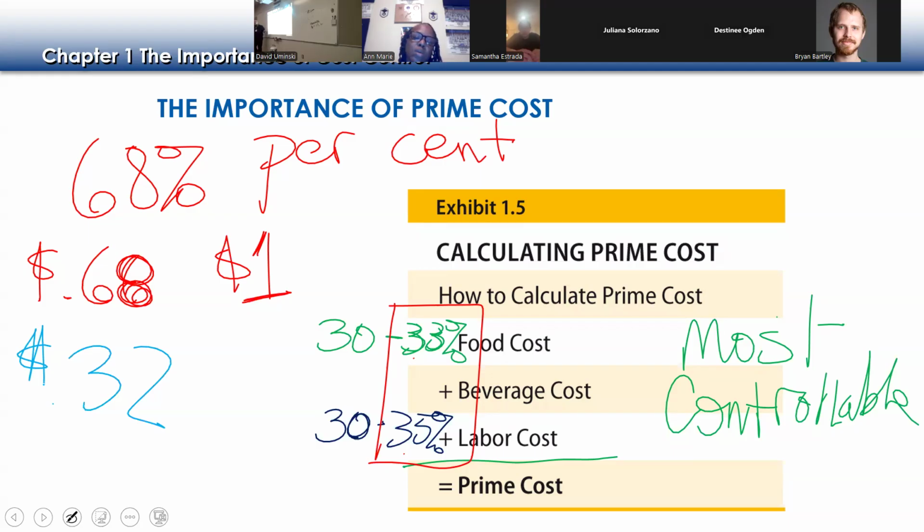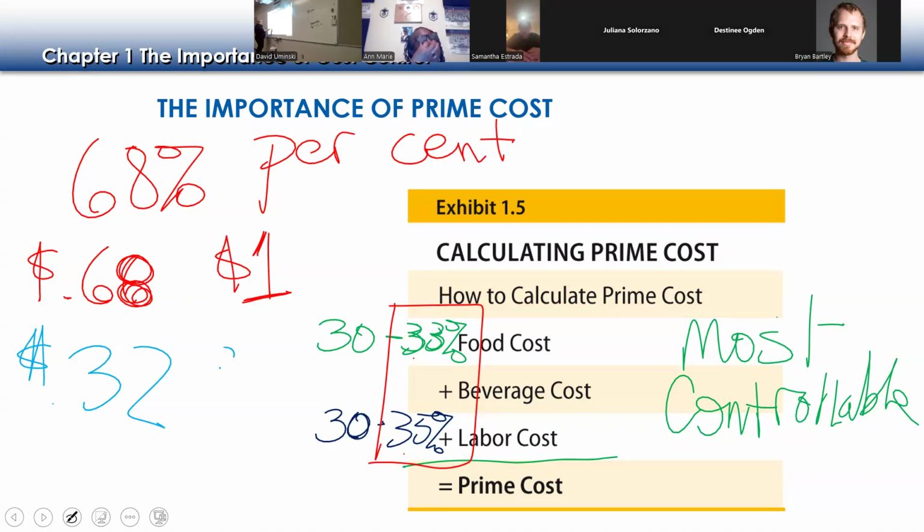So if I can implement some cost savings and bring my food cost down from 33 to 30%, that's 3 pennies.